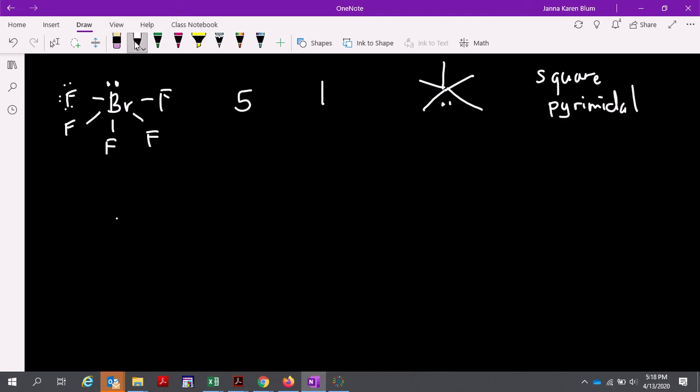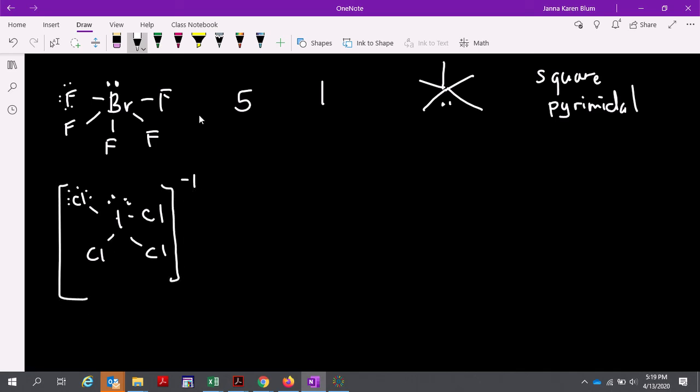The last example that I'm going to do is another ion. ICl4 ion. It doesn't really matter how you draw the Lewis structure either. And this has got a -1 charge.